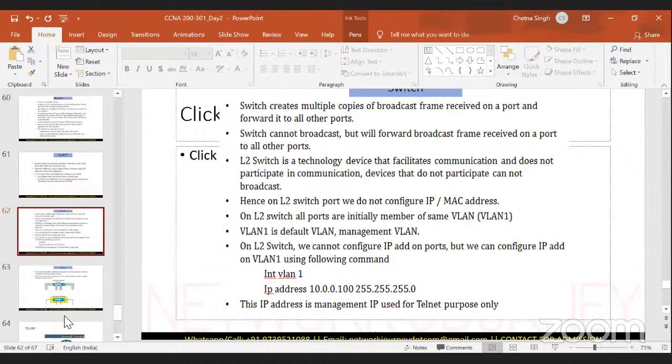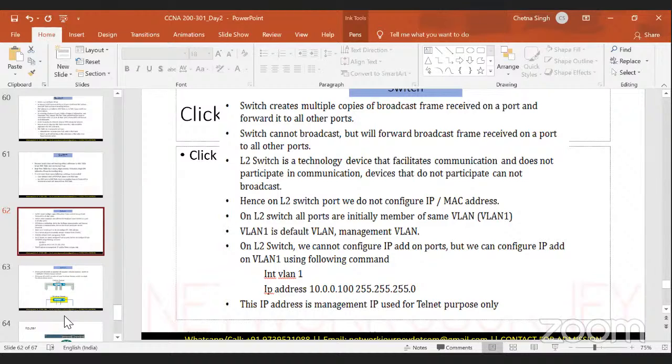However, if I have to do a telnet or remote access of that switch, I will definitely be configuring one IP, but not on its interface. Yesterday, when we talked about the switch, there were 24 fast Ethernet ports and 2 gigabit Ethernet ports, or I can say 24 fast Ethernet interfaces and 2 gigabit Ethernet interfaces. On those interfaces, there was no option to configure the IP.